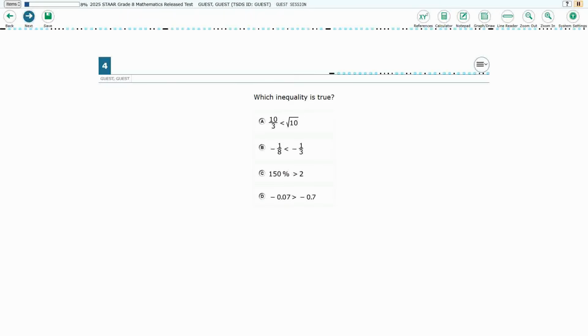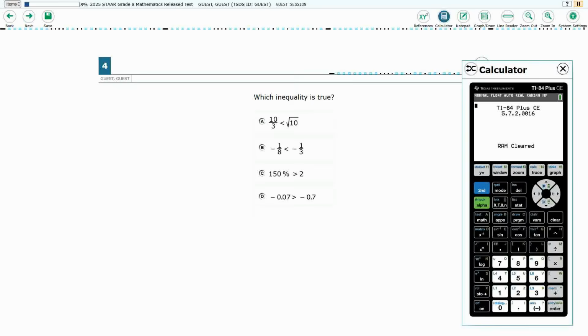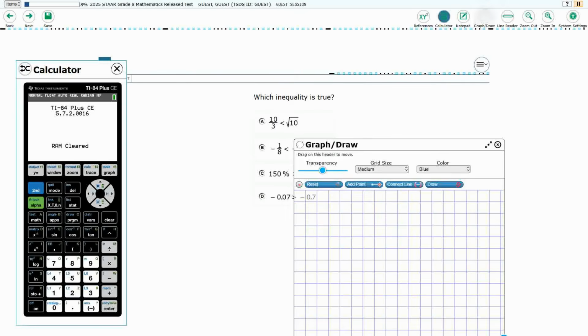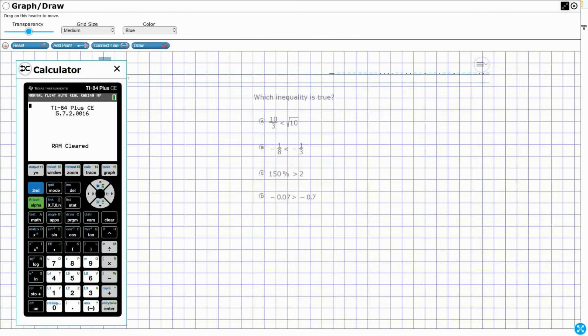Number 4. We need to find a true inequality, and I've got some percents, and I've got a radical. So let's get our calculator out. And let's see. 10 thirds. All right, so I'm going to make these decimals, and let's put them on a number line here, just to kind of help organize what I'm doing.